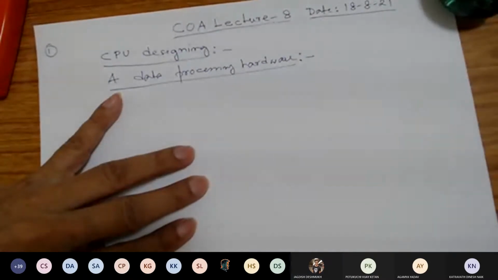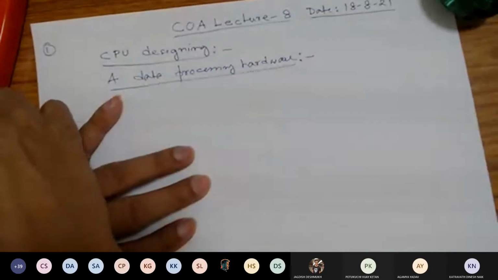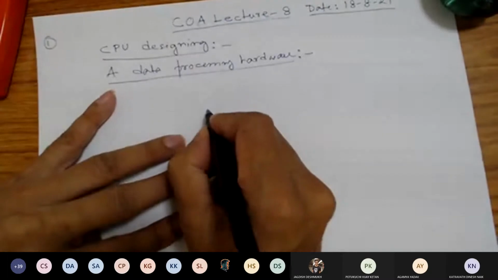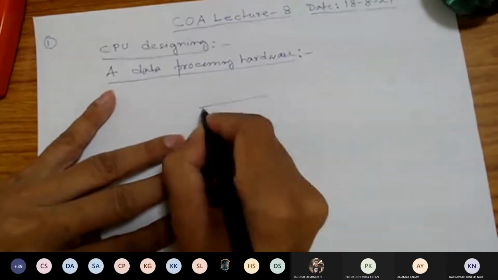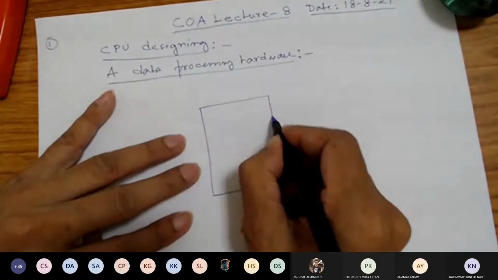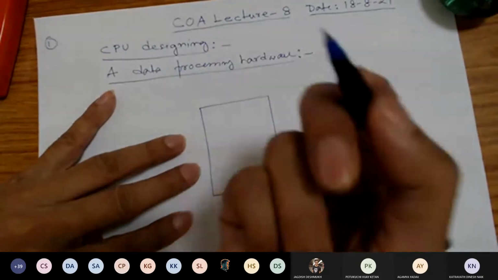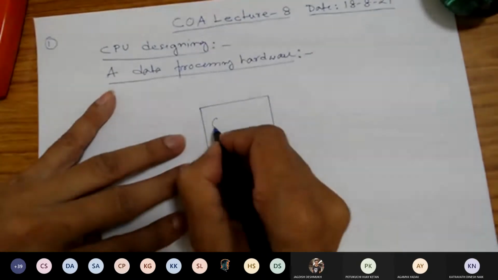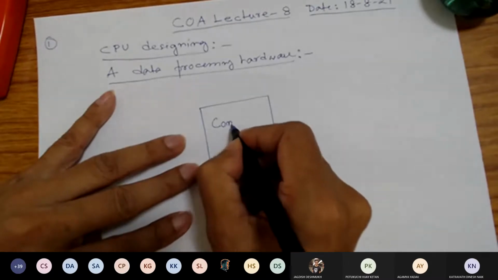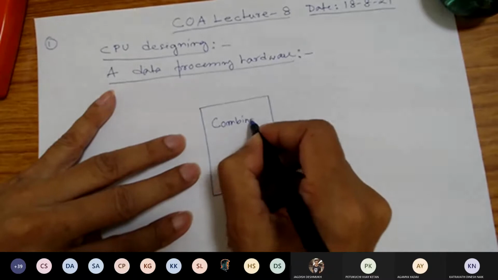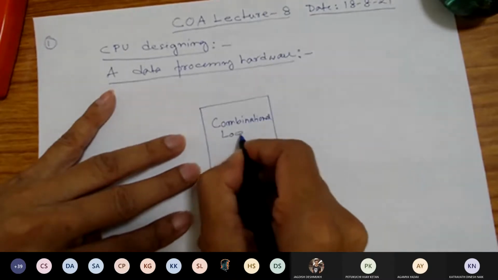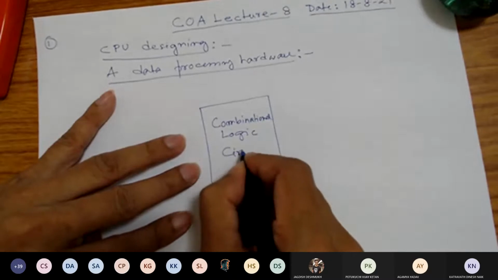Multiplexer is one type of data processing unit. So we can say that a combinational logic circuit is needed to process the data. It can be a multiplexer, it can be adder, subtractor, multiplier, logical AND operations. So we can say it's a combinational logic circuit.